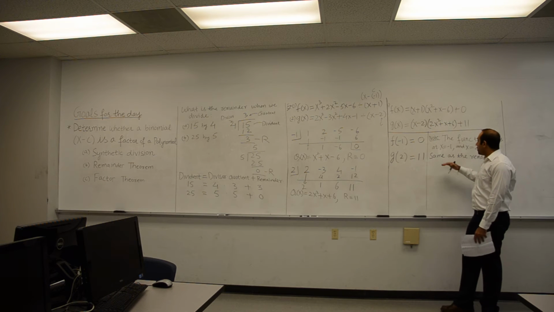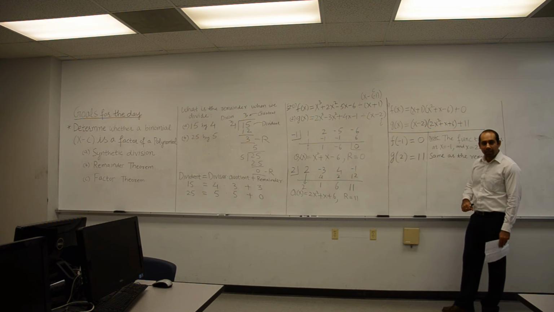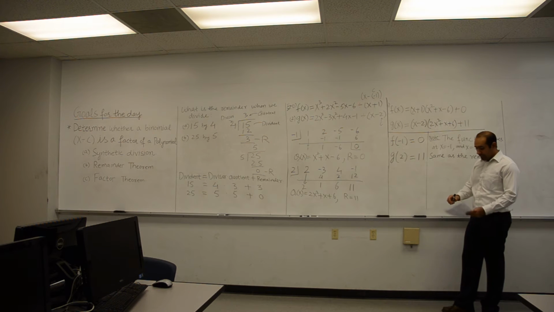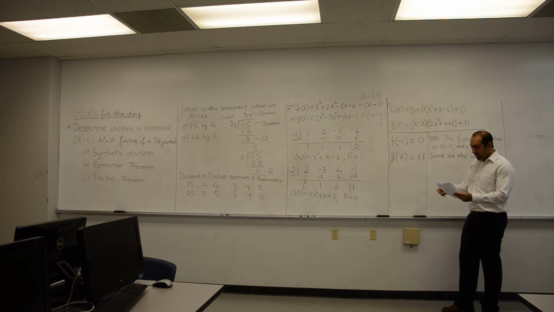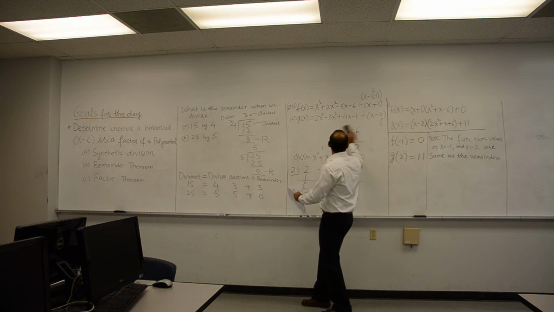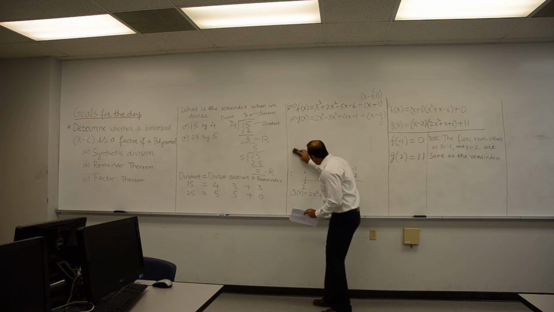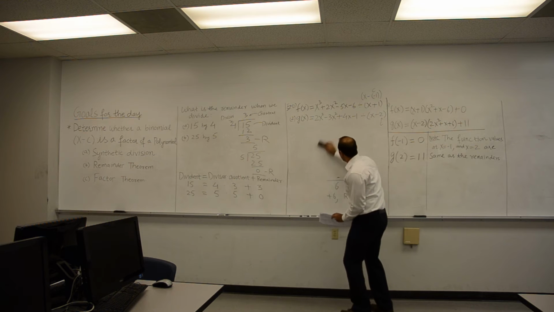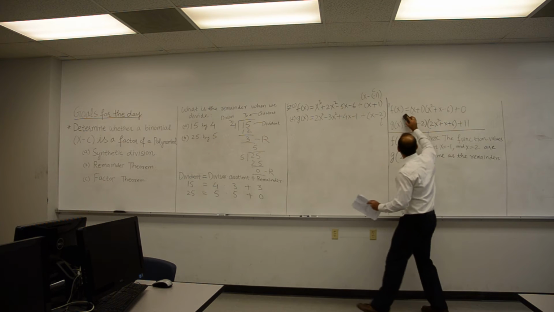Okay. So let us formally define the remainder theorem. The formal definition for a remainder theorem is, and for that I will use this space here because we are already done, and we have these relationships right here.